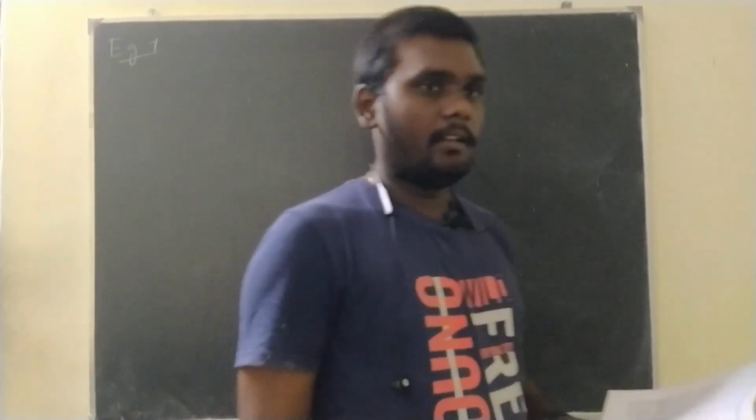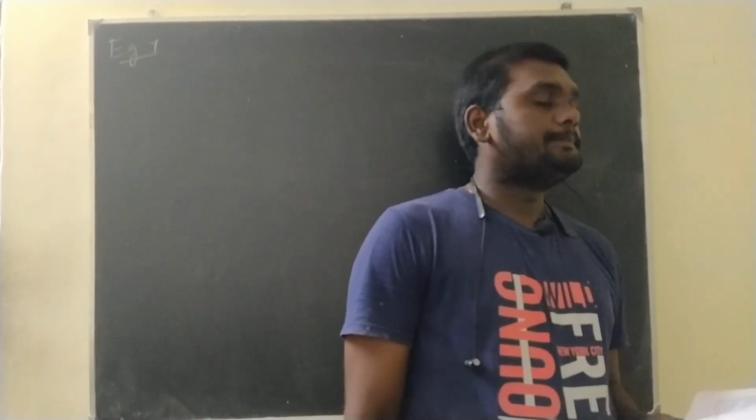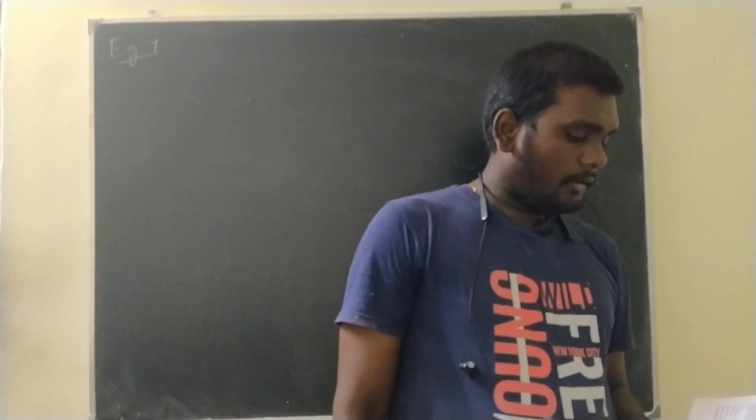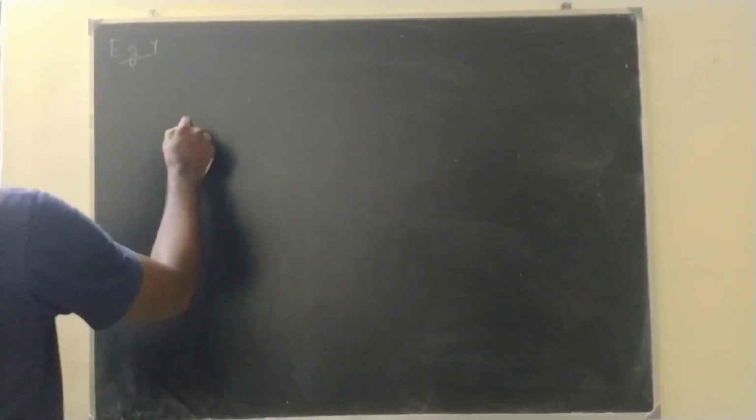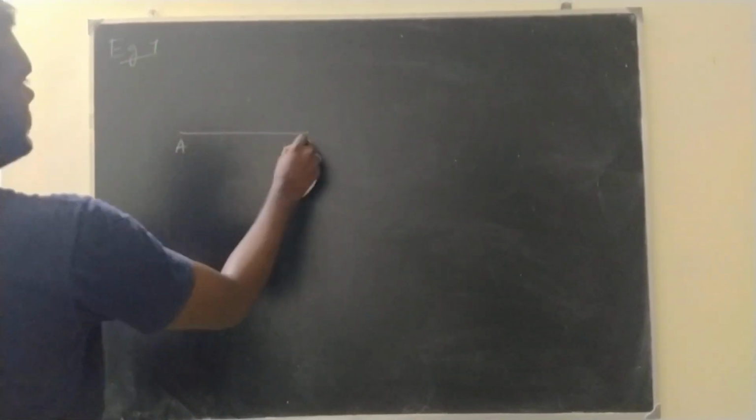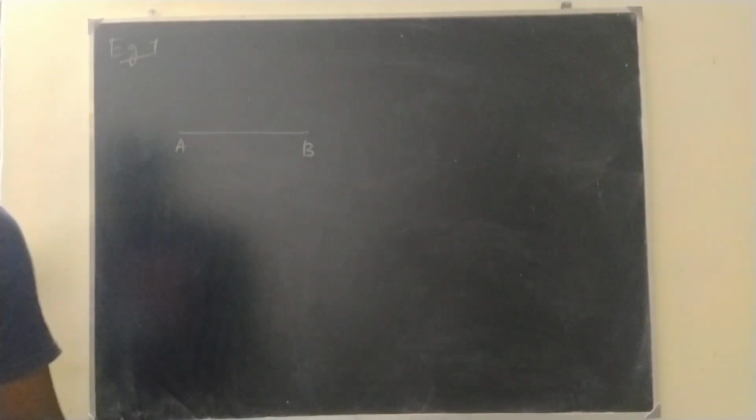The figure is given for this, but even though we will try to draw this figure and try to understand. See, AB is a line segment.